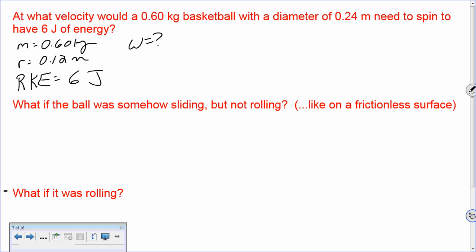All right, so here we go. The equation that relates these is RKE equals 1/2 I omega squared. So to find my omega, I need to know I, right? It's a basketball. So what is I for a basketball? It's a sphere. There are 2 spheres on the sheet. One of them's 2/3, one of them's 2/5.